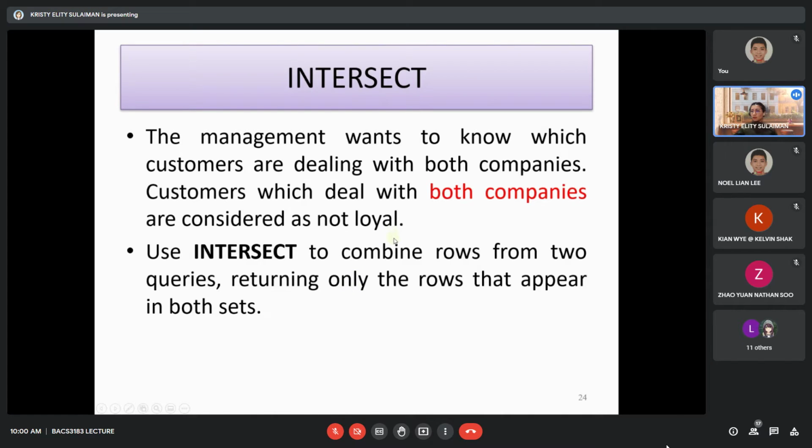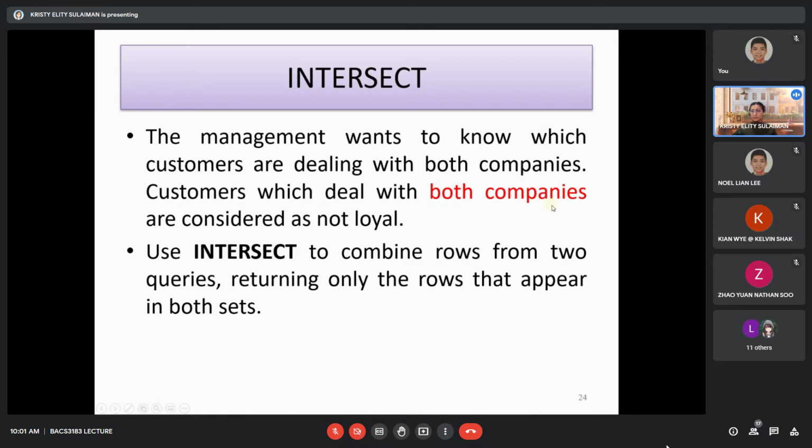So we combine rows from two companies of a customer, and we get a result of the rows that appear in both sets. That shows the customer names that are dealing with two companies. So you have two companies, company A and company B, and you want to see which customers are not loyal.